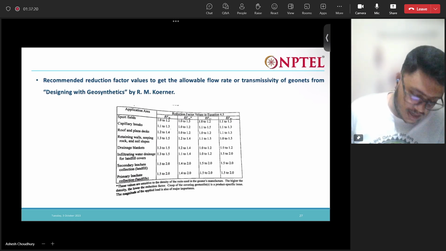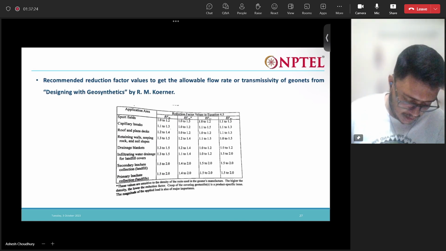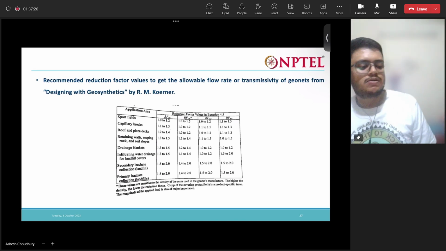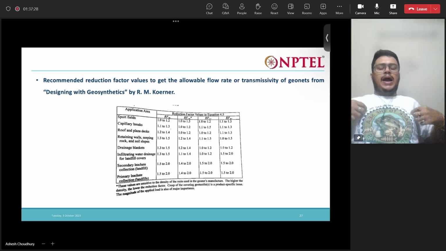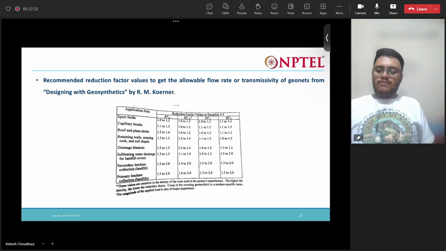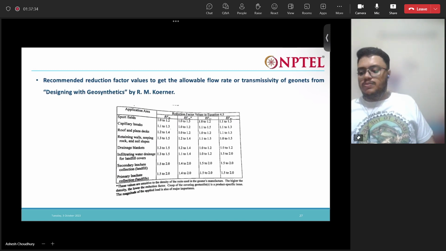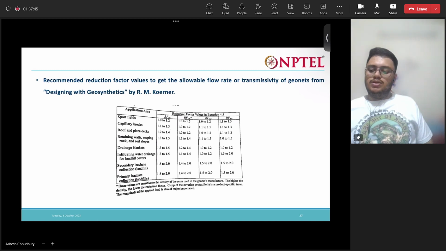So in various application areas, reduction factors vary. You can get the approximate value of the reduction factor. And generally, the manufacturers also suggest some values. So from the manufacturer from where you will be procuring the geosynthetic, you can also get these values.